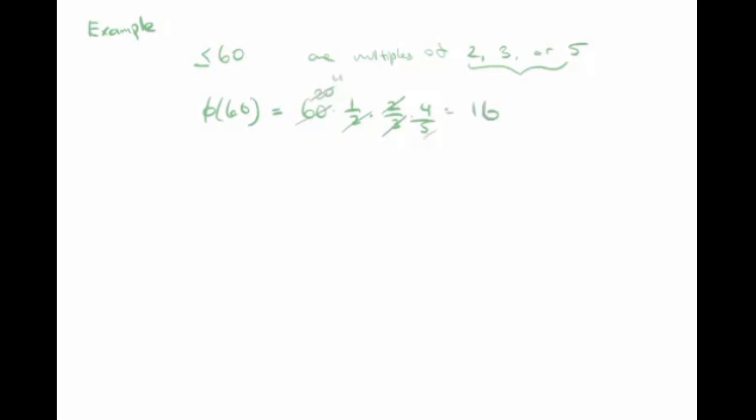This is 16. So these are not multiples. So then the multiples of 2, 3, or 5 less than or equal to 60 is 60 minus 16, which is 44.